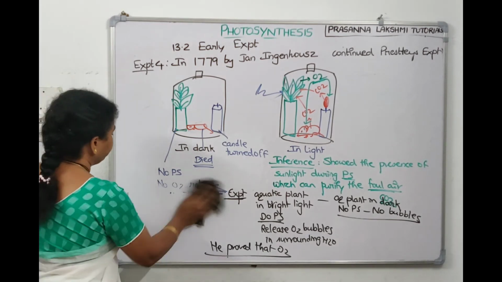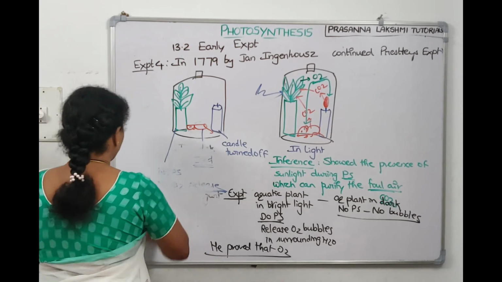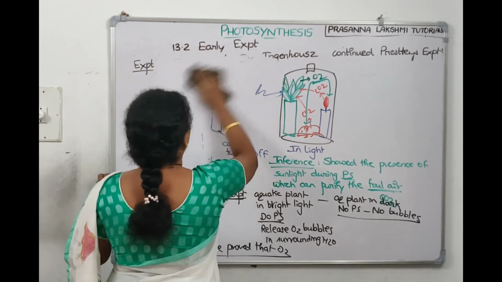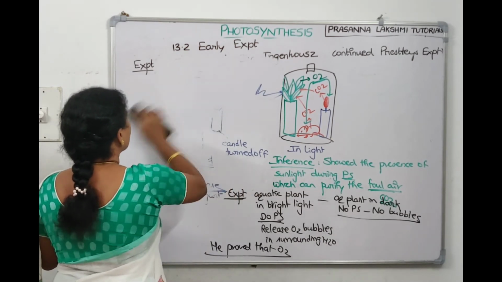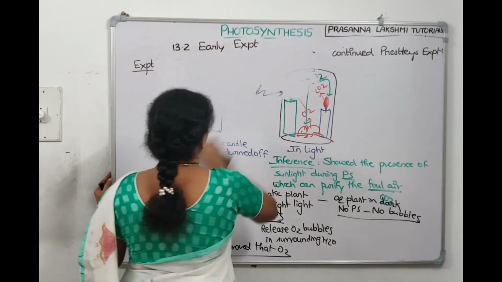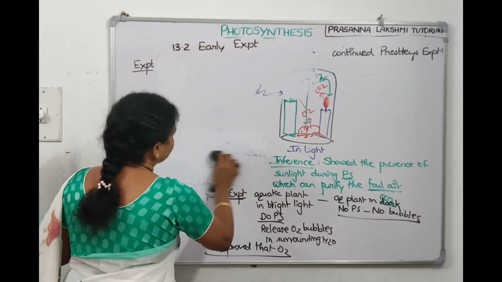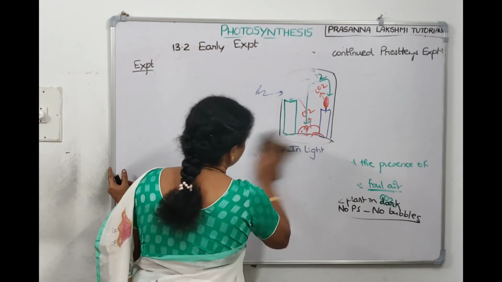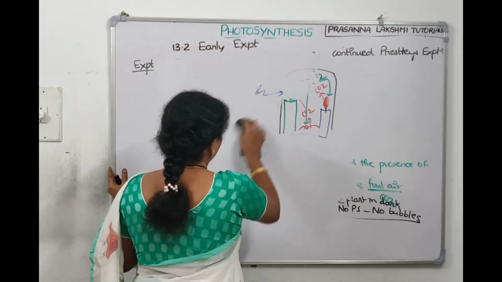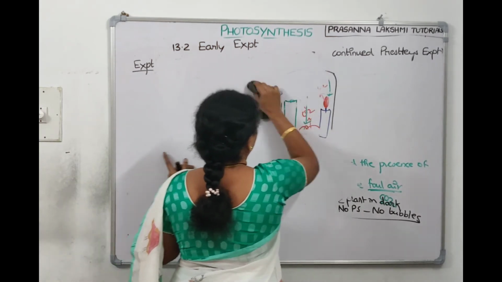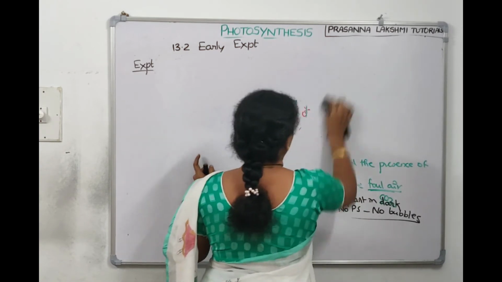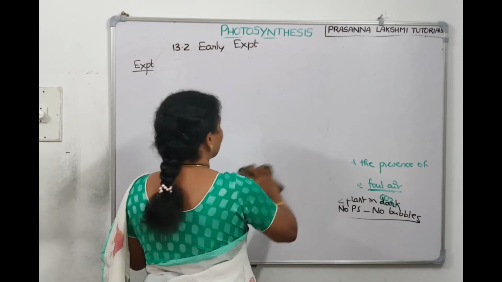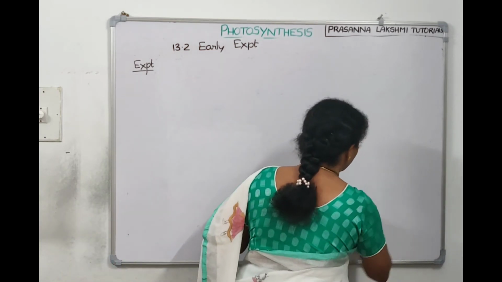Alright children, now our next experiment is experiment number 5, conducted by another eminent scientist, Julius von Sachs. Julius von Sachs' name we heard with hydroponics in the mineral nutrition chapter.